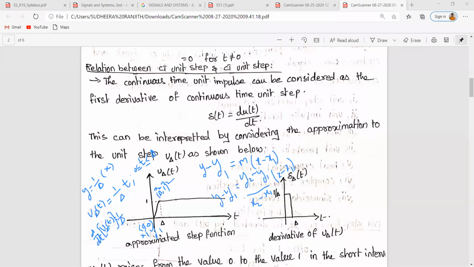That's what I have drawn here. From the duration 0 to delta, the signal has the amplitude of 1 by delta. Is it clear, everyone in the class?